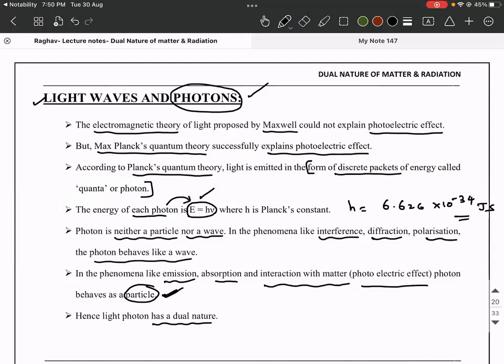Clear? I hope you have got this point in your mind. Right?